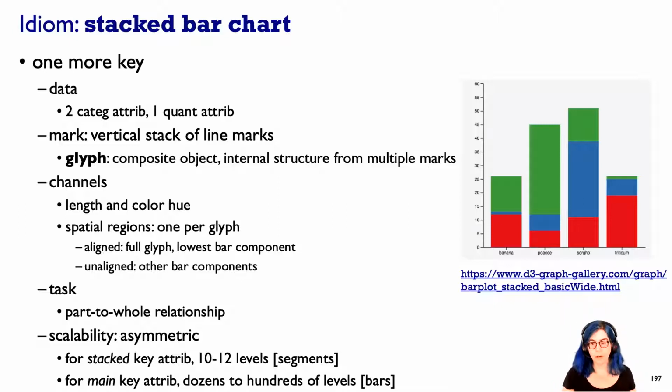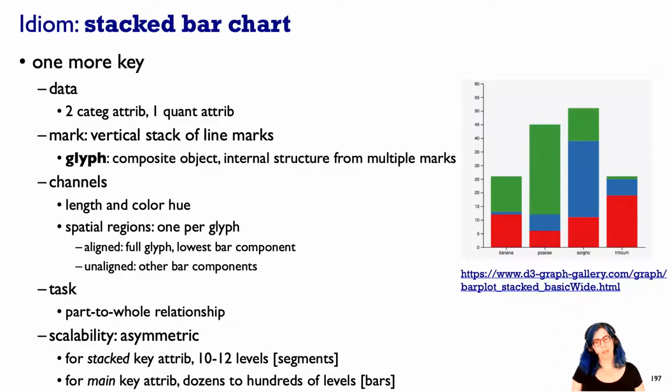But now we have unaligned length comparisons for the green segments and the blue segments. So notice how only some of these are aligned, some are unaligned. And so we have high precision for the aligned, lower precision for the unaligned lengths. Now, what task are we doing here? We're doing part-to-whole relationships. In addition to the basic tasks of bar charts, we've added the ability to do that part-to-whole comparison with those segments.